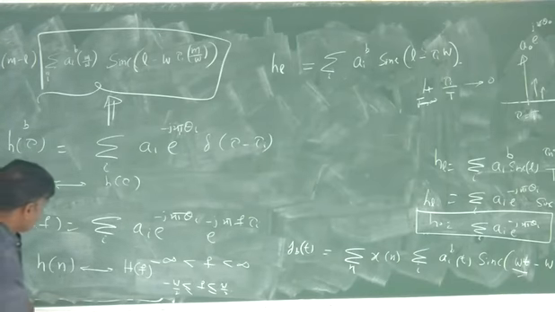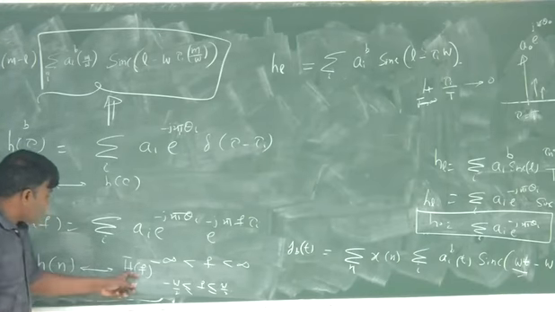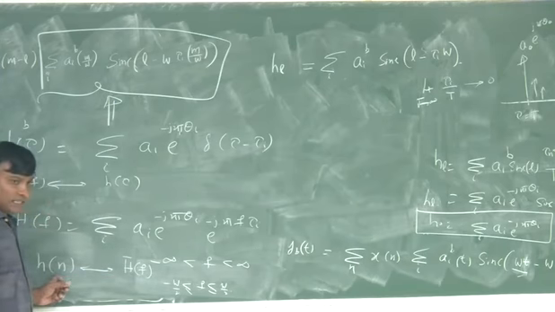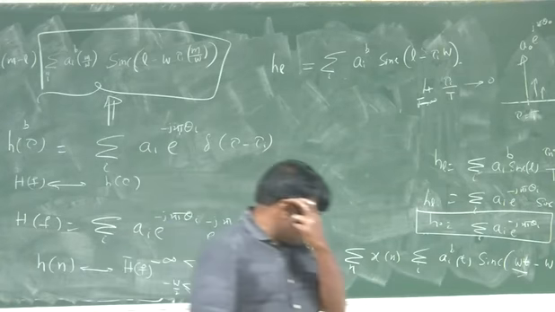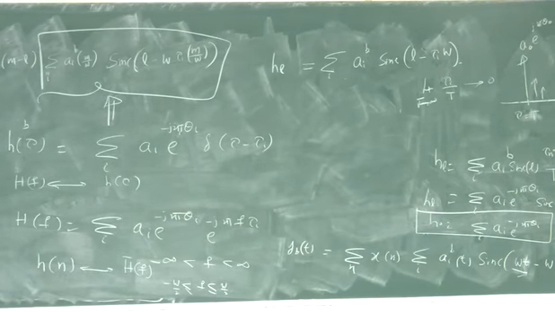This is going to be, well, I should put something. It's going to be periodic, right? This is discrete time. It's going to be periodic.